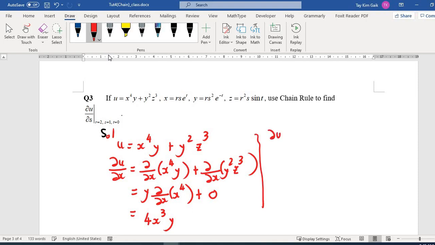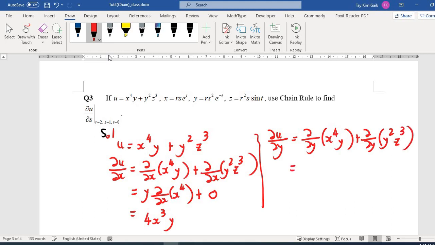And then you find ∂u/∂y. It will be ∂/∂y of x^4 y plus ∂/∂y of y^2 z^3. When differentiating with respect to y, x^4 is constant, factor it out, then ∂y/∂y is 1. For the second term, z^3 is constant, factor it out, and ∂/∂y of y^2 is 2y.